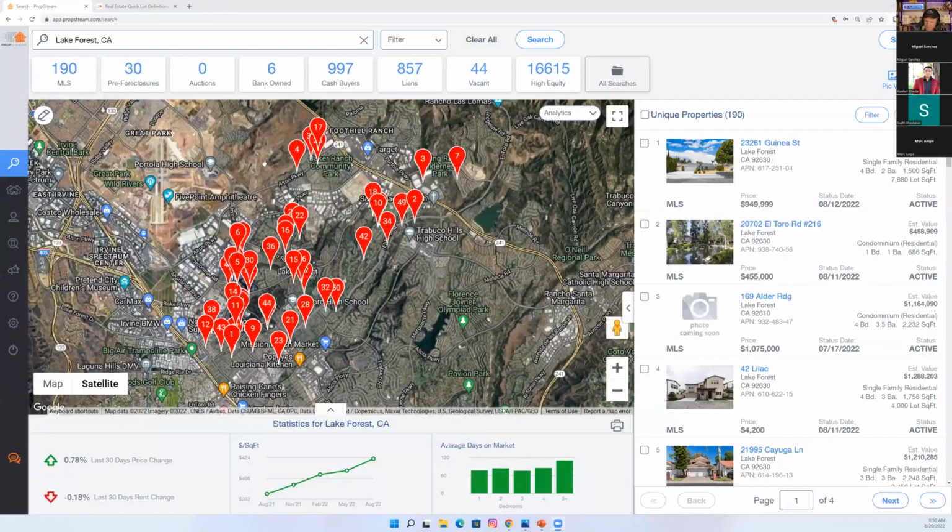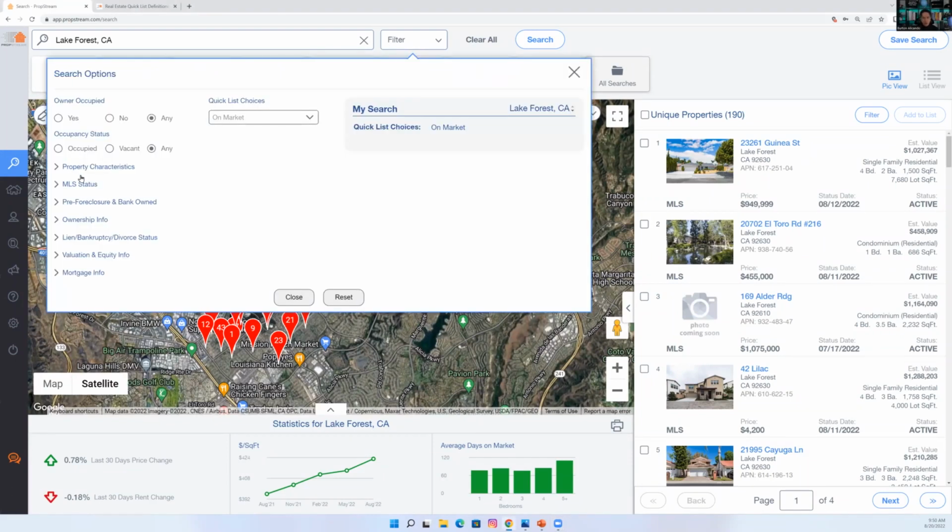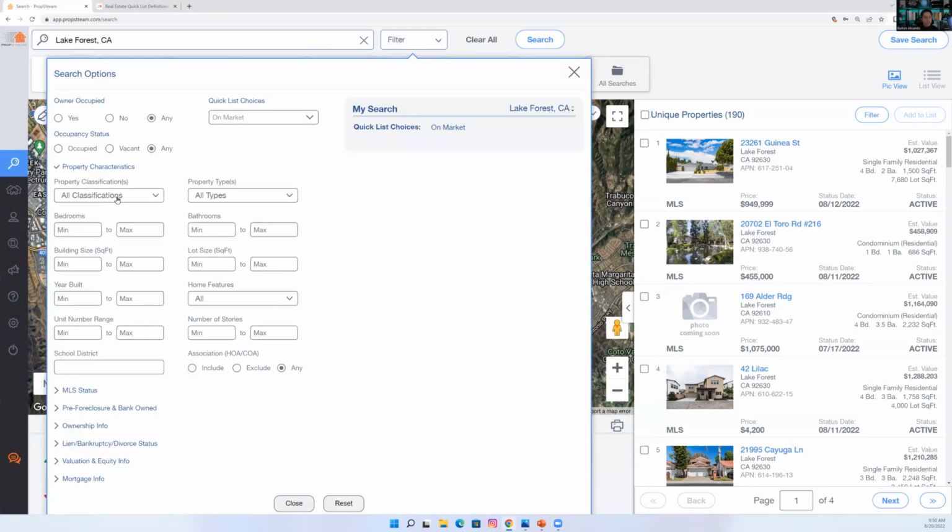All right, let's see, where are we going next? Do commercial data sets include asset types like storage, mobile home parks, mom and pop motels? Yes, the only challenge is the labeling. We do have it. If you go into our search filter, go under property characteristics and under classification, here's the trick.